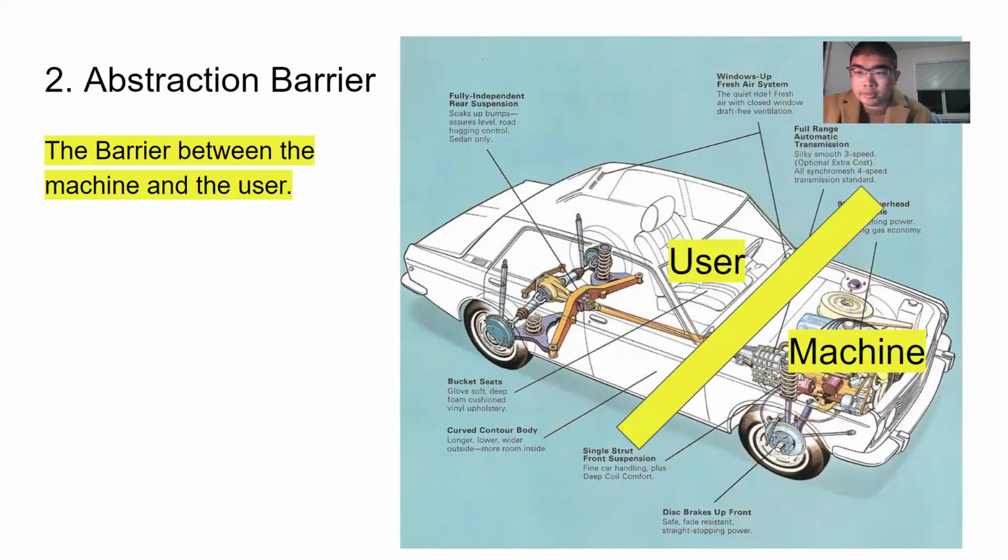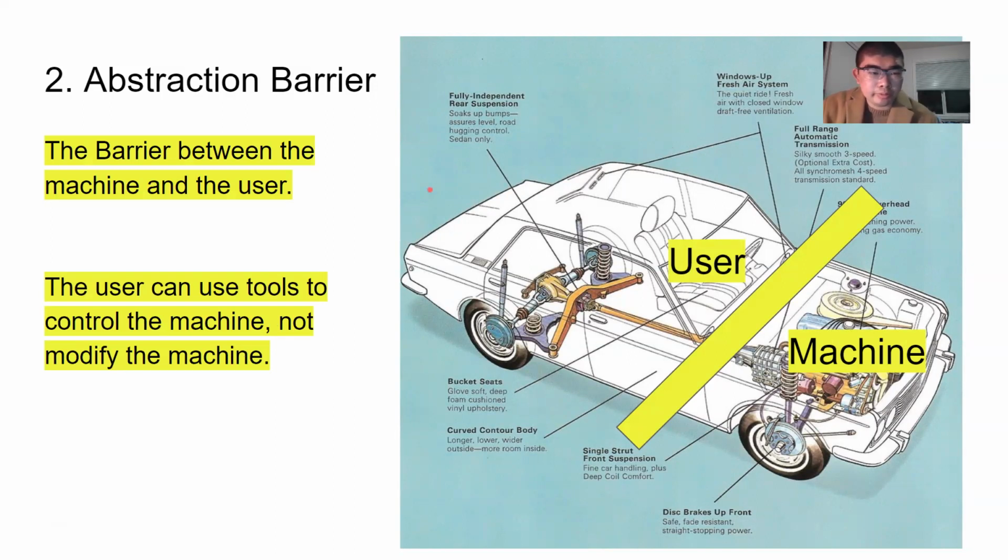Because there's a barrier there, when you cross the barrier, you put yourself in danger, in a chaotic place. So it's better to keep the barrier between you and the machine.